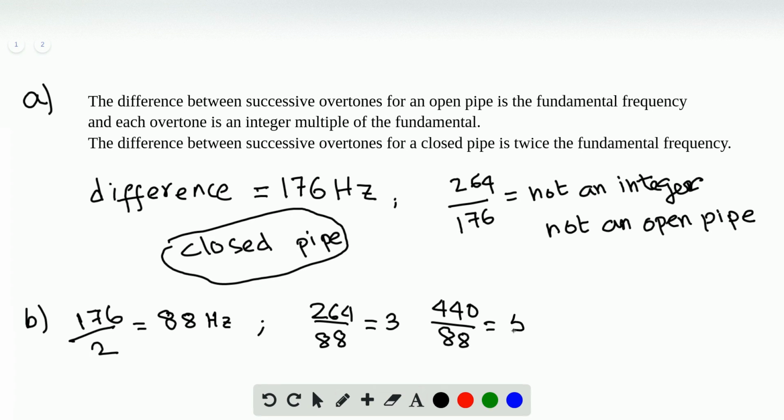And if we divide 616 by 88, we get 7. So in that way, we know that this is a closed pipe, and we also verified that this is true because we're getting integer numbers from our fundamental frequency calculation.